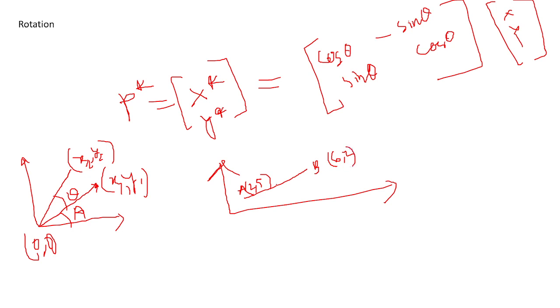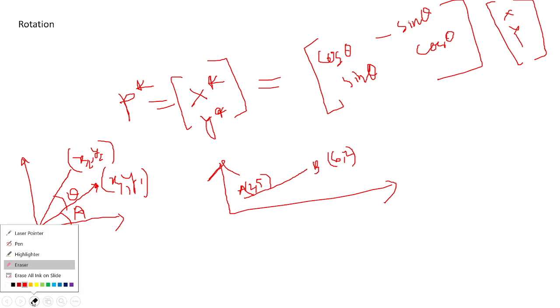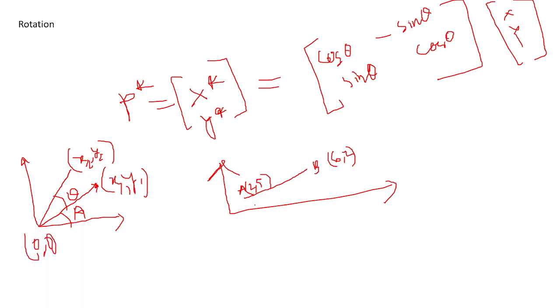Okay, so we need to rotate the line, giving A dash and B dash.